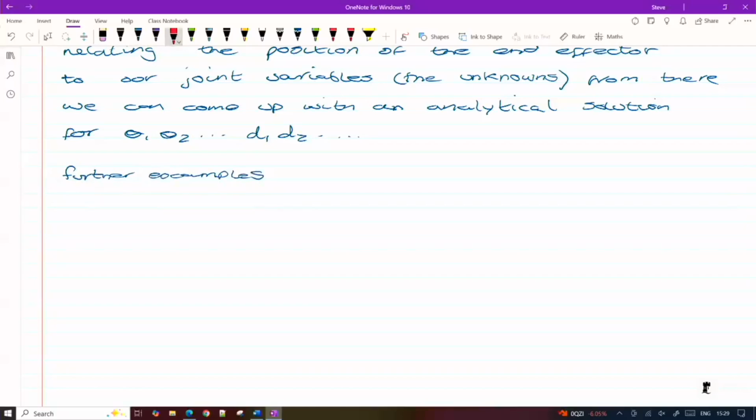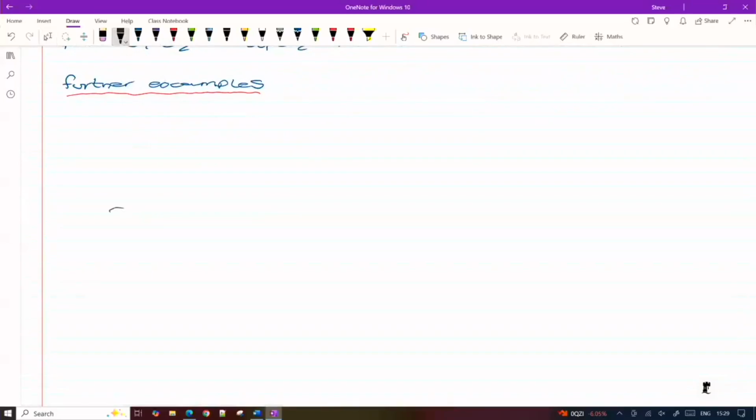So, further examples. We've got a robotic manipulator here that's composed of a rotational joint at the base, so that's movement into and out of the board as we look at it, and we've got a prismatic joint that moves our end effector mount point across the plane of the board in that view.